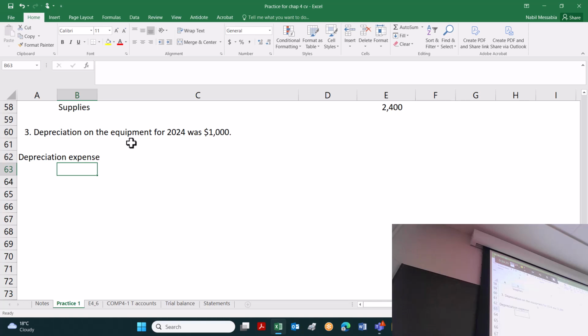Even though what you did is theoretically correct, the requirement is that we continue to show the equipment at its original cost, and any depreciation should be accumulated in a separate account, so that a user can see both.